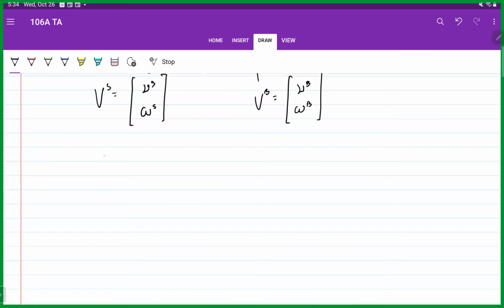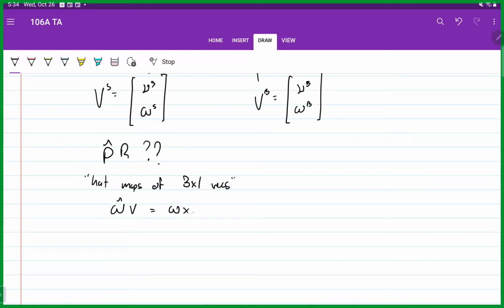Oh yeah, so p hat times r. What is that? Earlier in the class, we were always talking about these hat maps of 3x1 vectors, right? So we had omega hat, and if we did omega hat times some other vector v, that was the same thing as taking omega cross v.